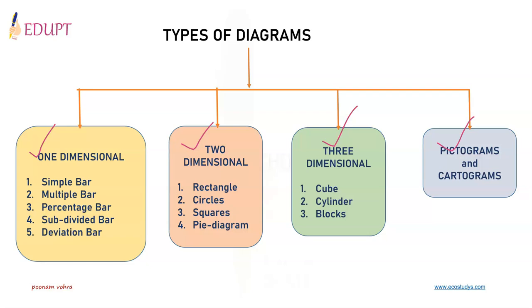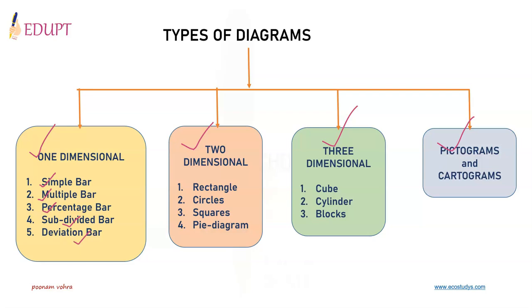Width of each bar remains the same. Whereas in two-dimensional diagrams, there is a variation in not only length but also width of the bars. So one-dimensional diagrams include simple bar diagram, multiple bar diagram, percentage bar diagram, subdivided bar diagram, and deviation bar diagram.